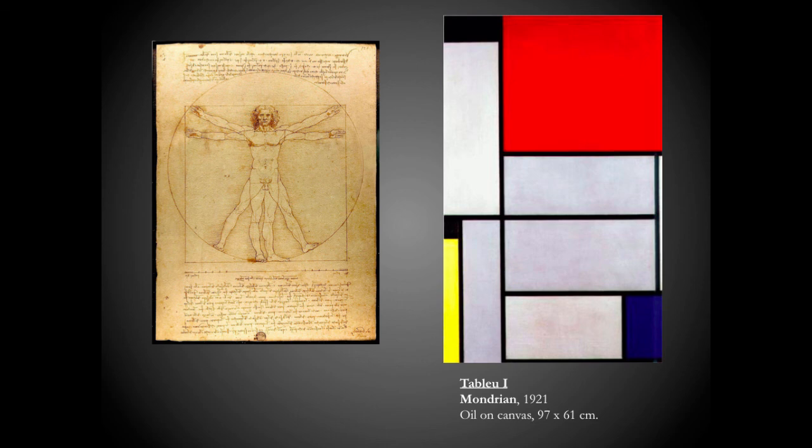Both of them are doing that here. Leonardo da Vinci with his square and the circle and the human inside it. Mondrian with his straight lines, this kind of organized sense. But at the same time, doing it in an environment for Leonardo da Vinci that was more his contextual social environment. For Mondrian, it was a personal environment of this kind of religious spiritual sense. How do we fit these two things together, spiritualism and rationalism?